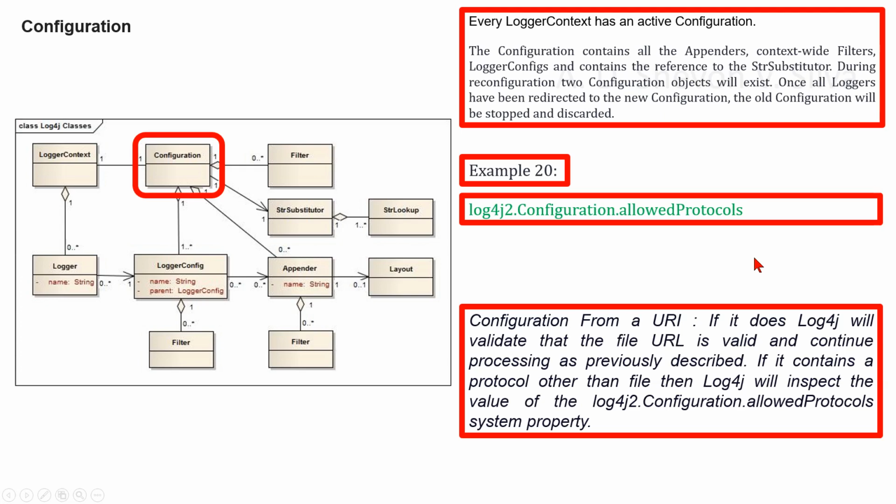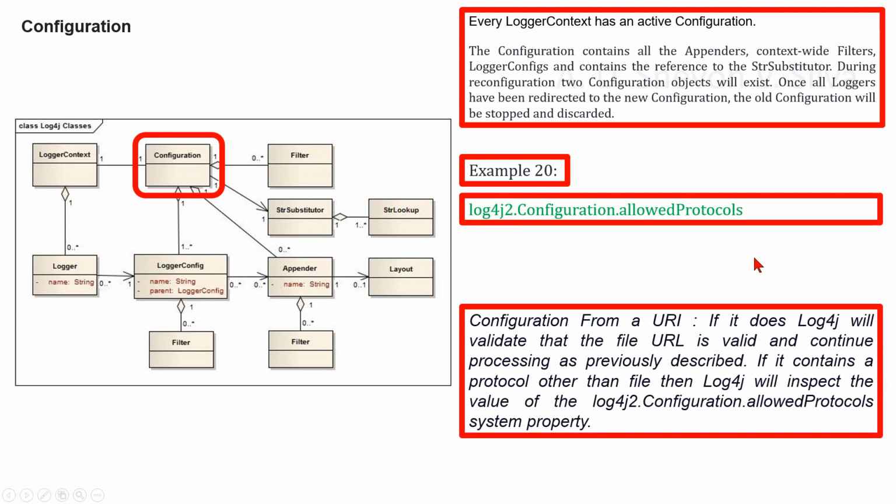If it contains a protocol other than file, then Log4j will inspect the value of the log4j2.configuration.allowedProtocols system property. If the provided list contains the protocol specified, then Log4j will use the URI to locate the specified configuration file. If not, an exception will be thrown and an error message will be logged.